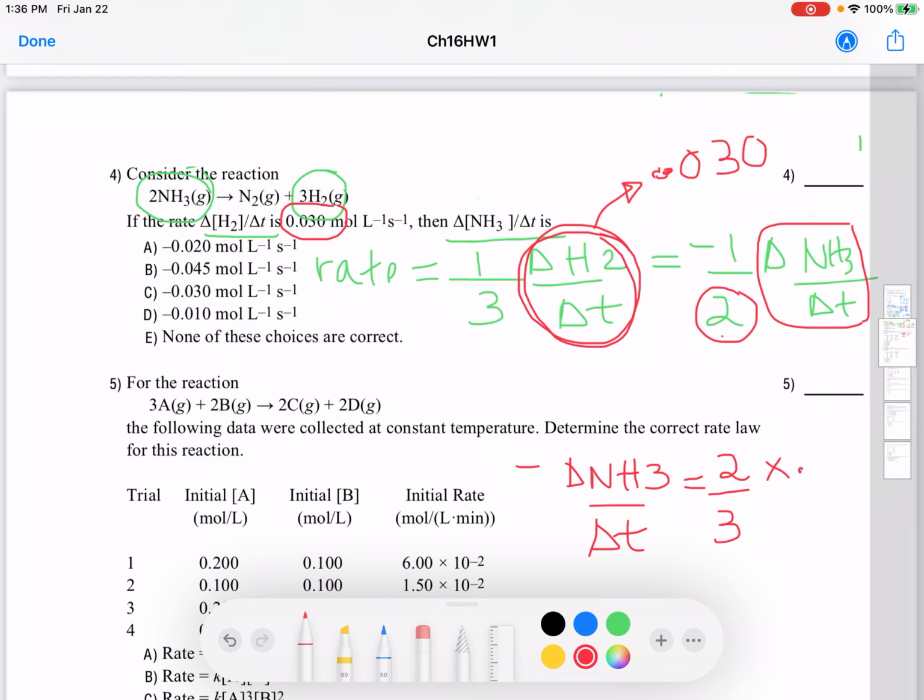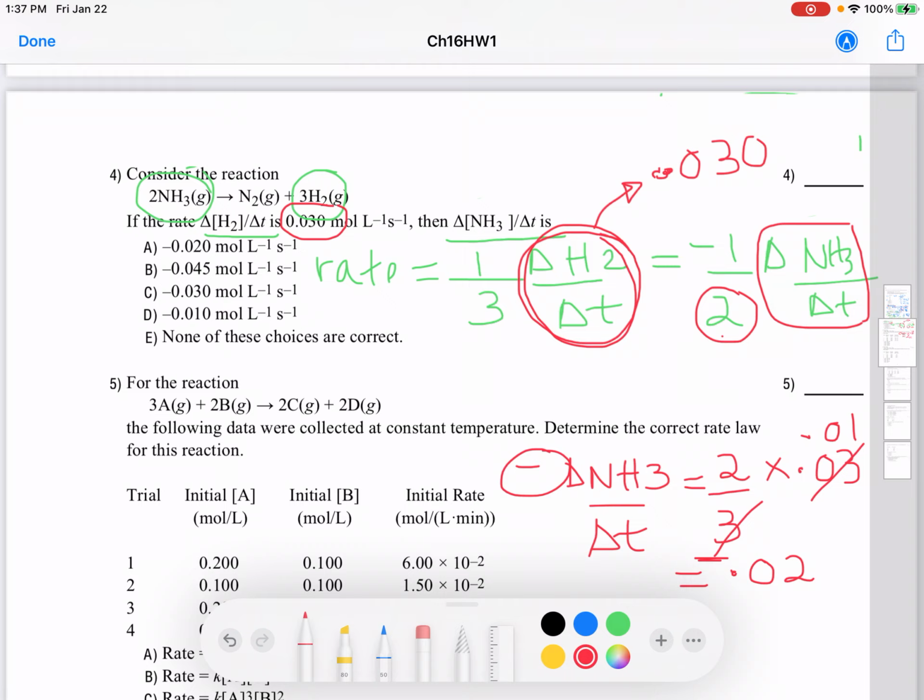So you substitute 0.03 over here. So 0.01 times 2 is 0.02, and since we have a negative here, negative 0.02. So the correct answer would be negative 0.02. Okay, so that's how you would answer that question.